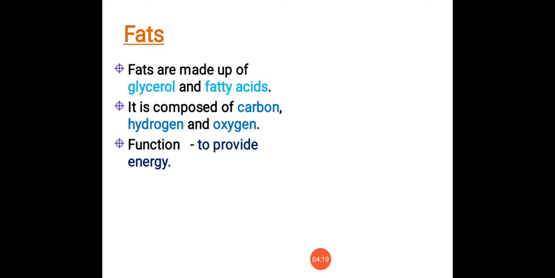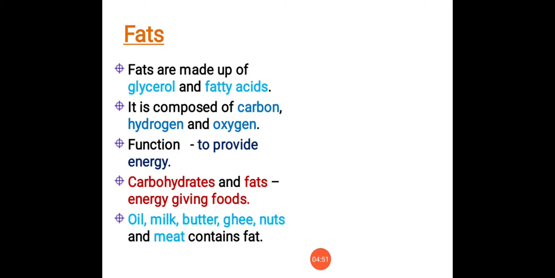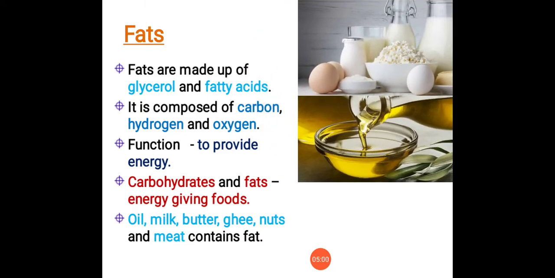For example, when we are fasting or not able to have our regular food, then we get energy from fats. That's why carbohydrates and fats are called energy giving foods. What are they? Oil, milk, butter, ghee, nuts and meat contain fat.